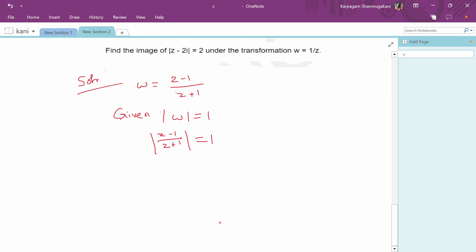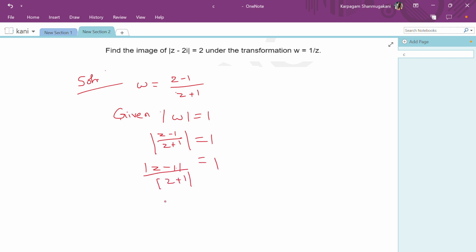Under the property, the modulus of a division of two complex numbers is the division of their moduli. So modulus of Z minus 1 divided by modulus of Z plus 1 equal to 1.